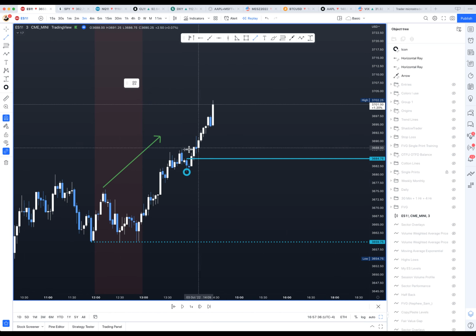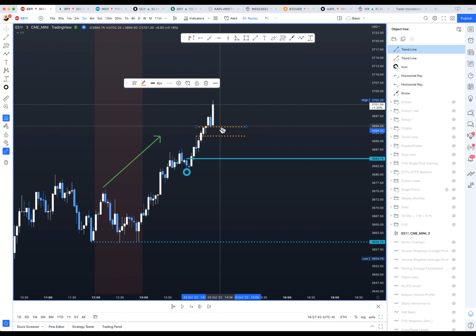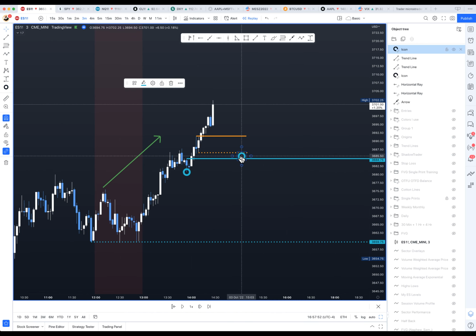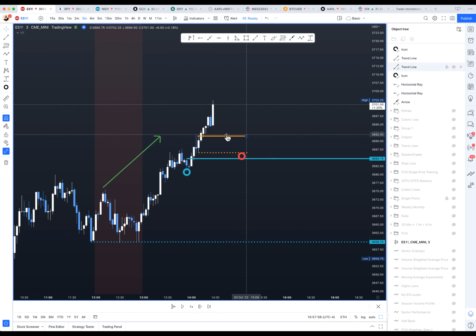First thing I'm thinking are protection layers. I got a protection layer there. I got a protection layer here. Got the break there, and this I need to make solid. And so now my stop would need to be here. We'll make this red if I'm doing double protection layers.